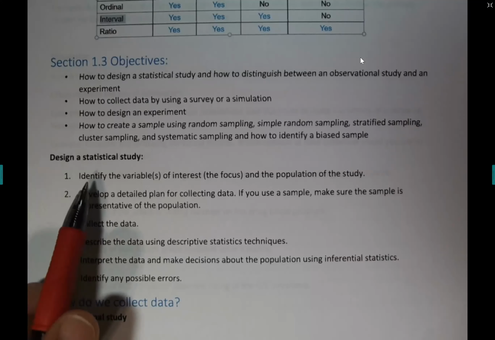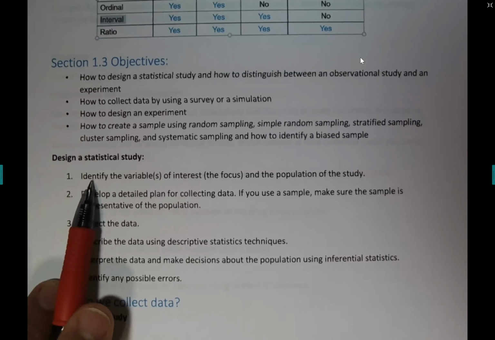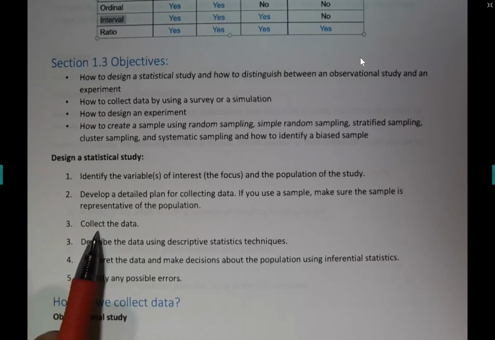So first of all, you need to know why you're doing your study. What is it that you want to find out about? So identify the variable of interest. Like you want to survey students on how many credit hours they have. So that's the question that you wanted to ask. Develop a detailed plan for collecting data. If you use a sample, make sure that the sample is a good representative of the population.